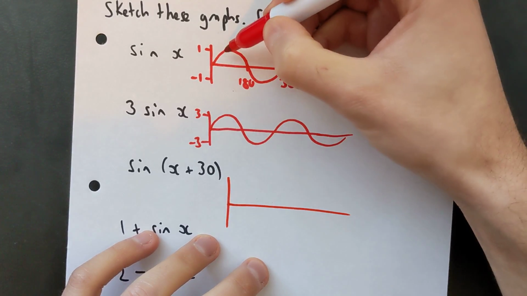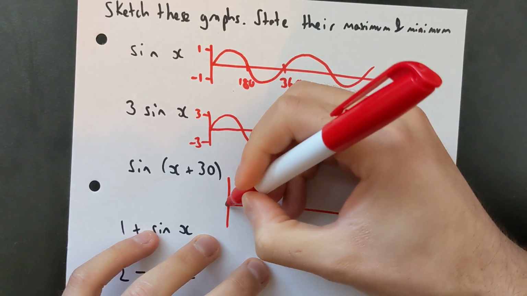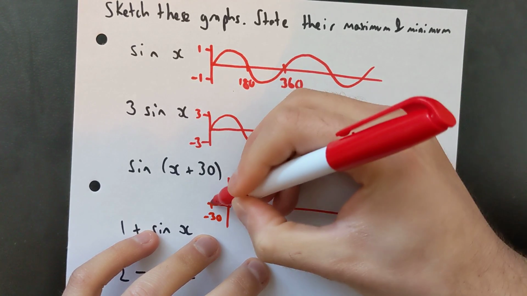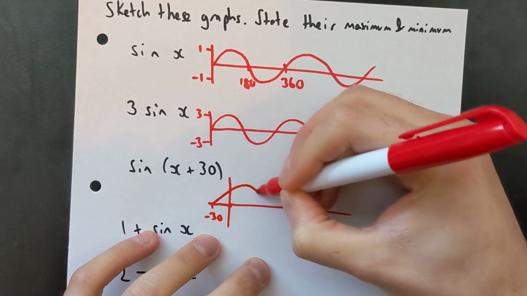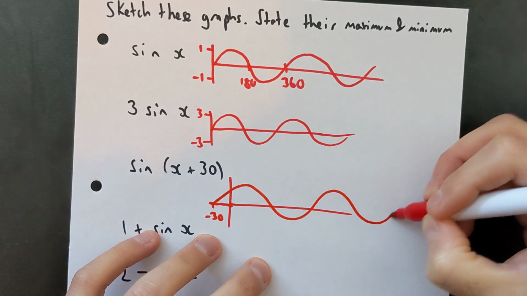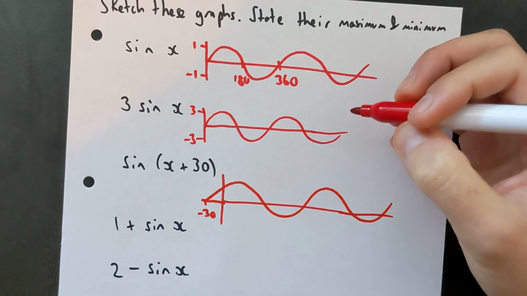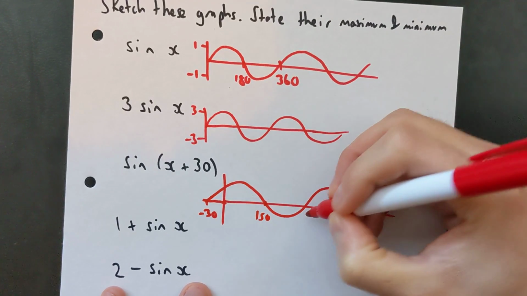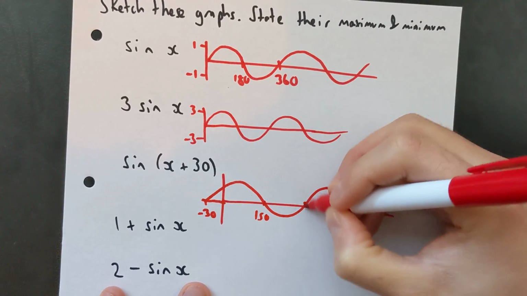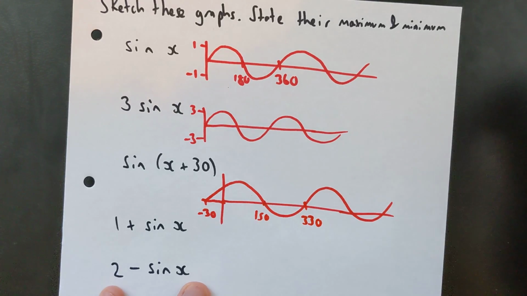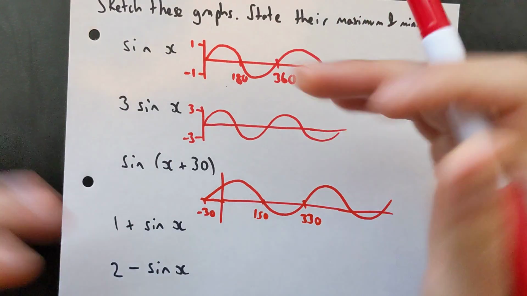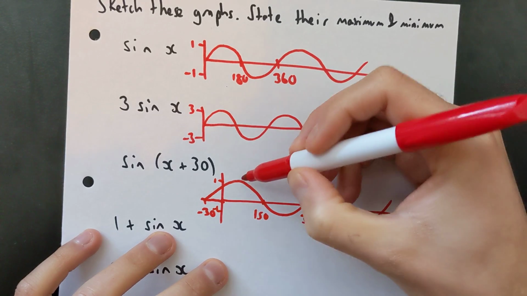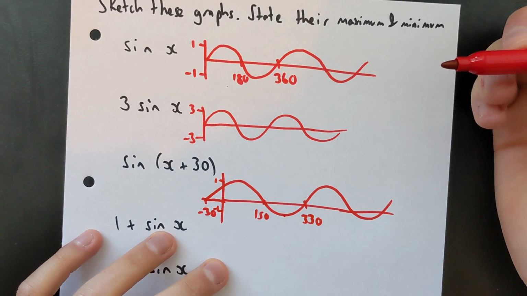So this is going to shift over slightly, so it's going to start at -30, but it's still going to have that looping system where, instead of being 180, this one crosses at 150. Instead of being 360, it's going to cross at 330. This has only shifted it to the left, so it's still going to have a maximum of 1 and a minimum of -1 here and here.